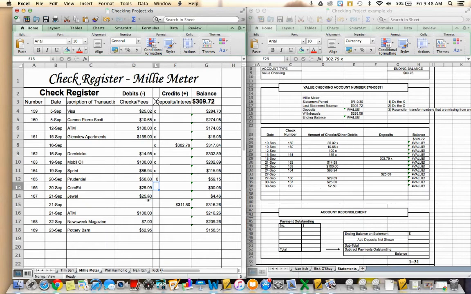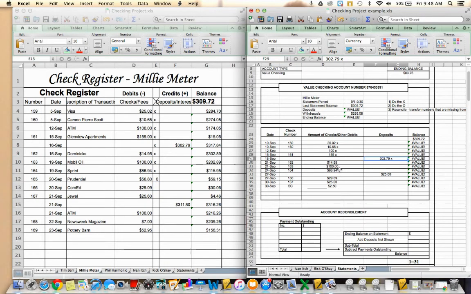So 25.60. Okay, so now 86.54 was here. Sorry, I'm backtracking a little bit. And the 1494 we hit, right?